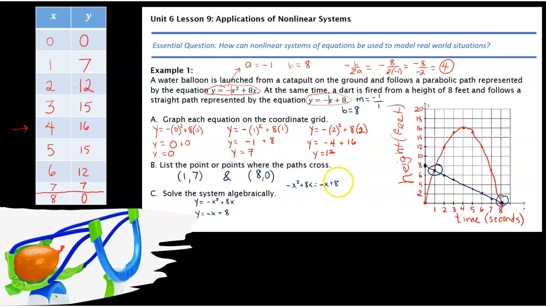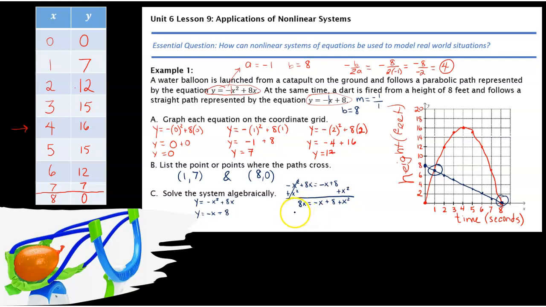If you can remember, solving this equation requires us to get one side of our equation equal to 0. So what I would do here, I would add my x squared to both sides. That'll give me a positive 8x equals negative x plus 8 plus x squared.